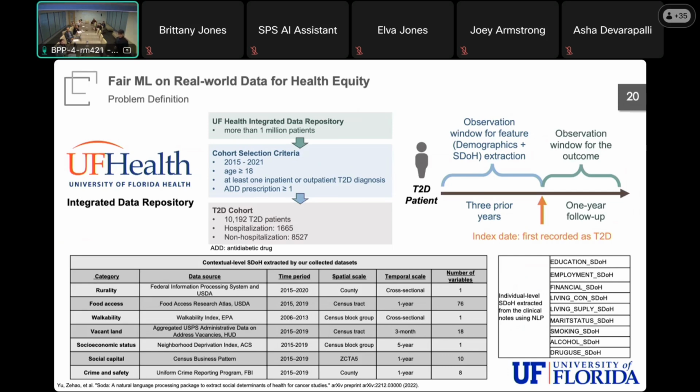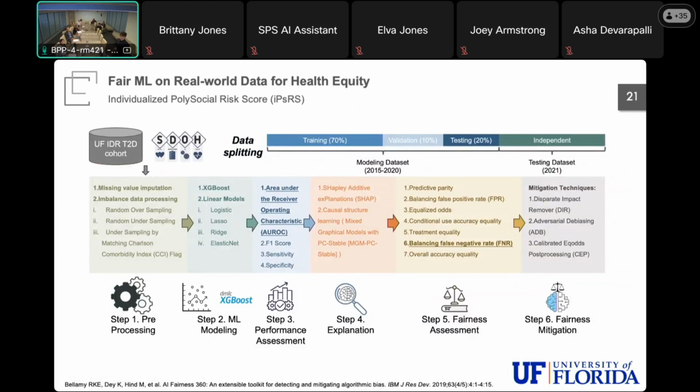So that's about the data, and this is the proposed pipeline called the Individual Polysocial Risk Score, and it contains 6 steps. First, we address any issues of the data, like missing values and imbalanced label distribution. Then we test different machine learning techniques, like the linear model family. And we, of course, evaluate the model by different performance metrics, from the AUC to the specificity.